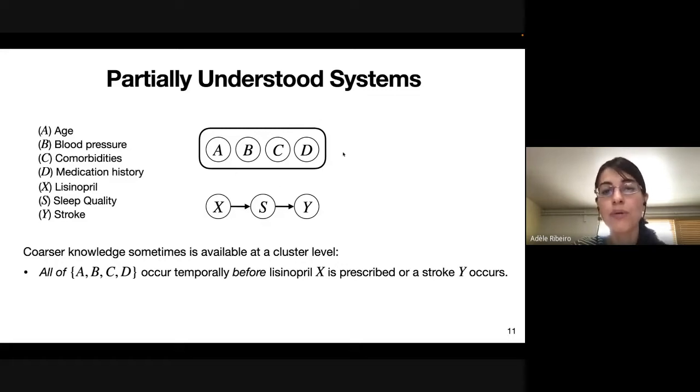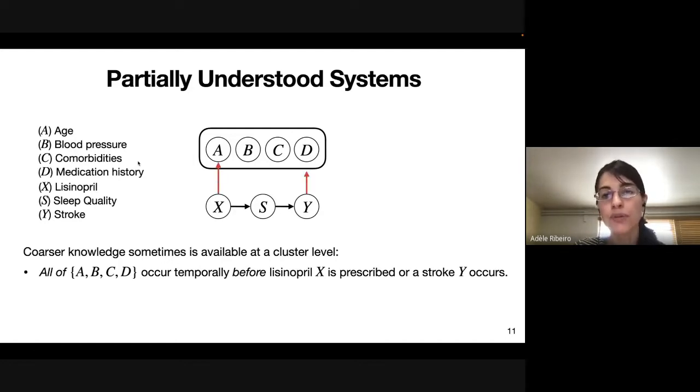For example, we know that all these covariates occur before taking a drug, the case X, lisinopril, and also before having a stroke. For example, age, sex, socioeconomic status, all the medication history, some comorbidities, they are all coming before I decided to take this drug and also having some outcome of having a stroke.